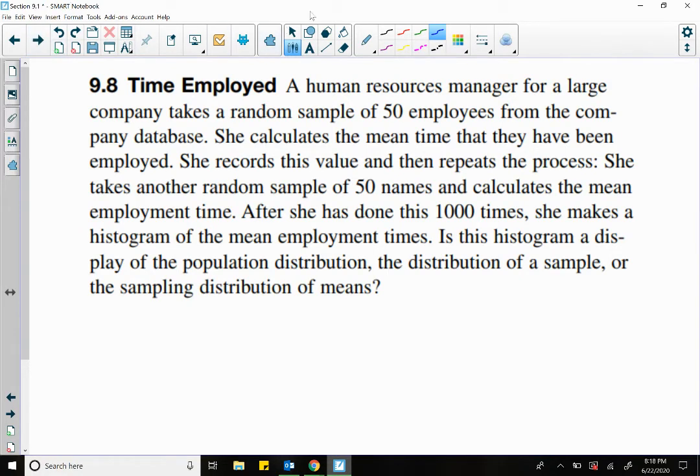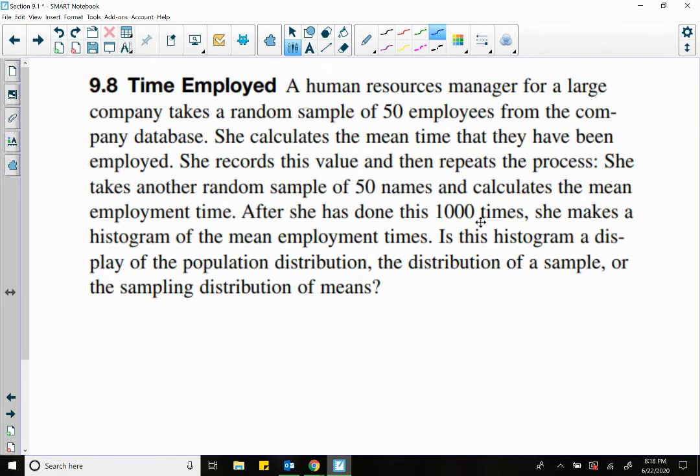Right here it says a human resource manager for a large company takes a random sample of 50 employees from the company database. She calculates the mean time they have been employed. She records this value and then repeats the process. She takes another random sample of 50 names and calculates the mean employment time.